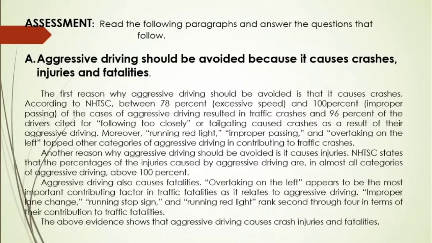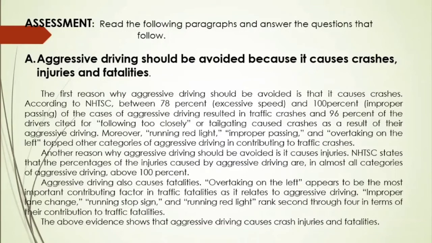According to NHTSA, between 78% and 100% of the cases of aggressive driving resulted in traffic crashes, and 96% of the drivers cited for following too closely or tailgating caused crashes as the result of their aggressive driving. Moreover, running a red light, improper passing, and overtaking on the left are other categories of aggressive driving contributing to traffic crashes.